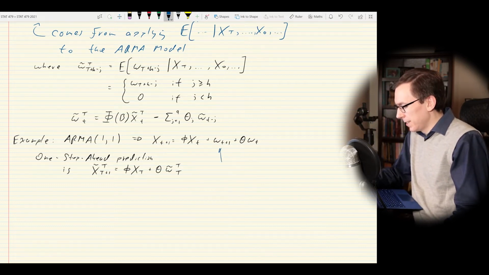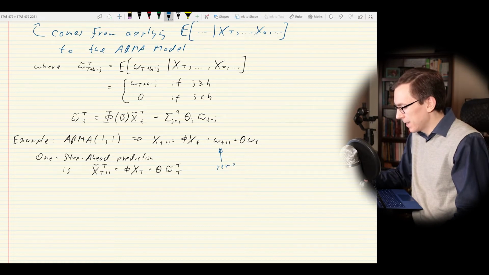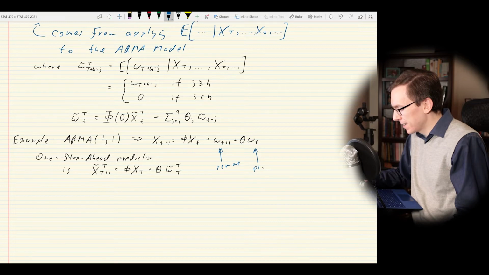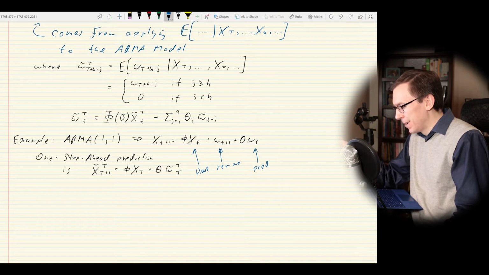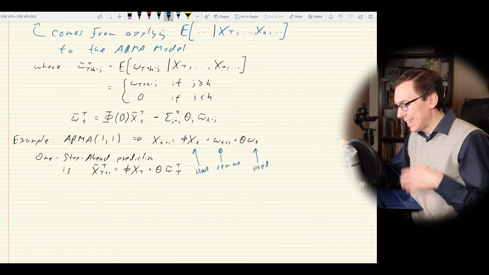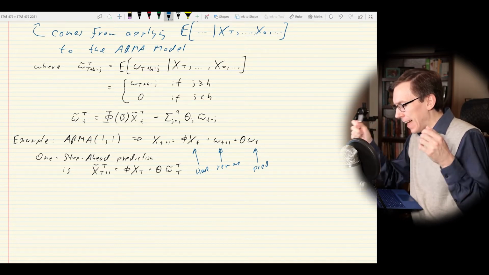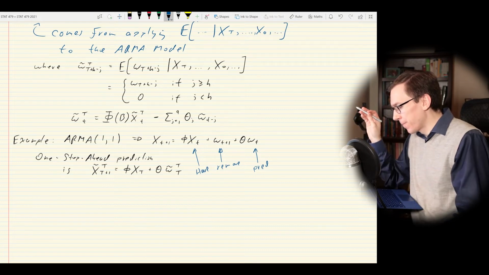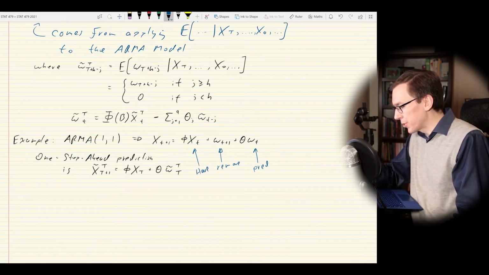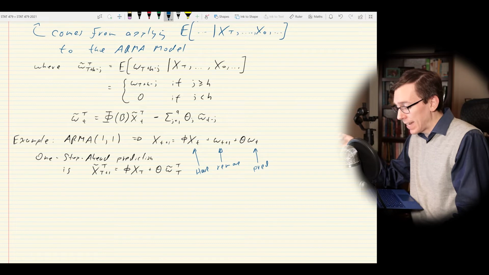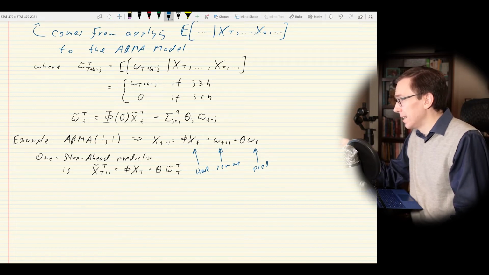Effectively, we remove this and we predict this, and we already have this. We have the x_T data point. The w_{T+1} lies ahead of our data set, and that just becomes 0 when we take the expectation mentioned above. And the w_T here, when we take the expected value of that, we just get w tilde_T.